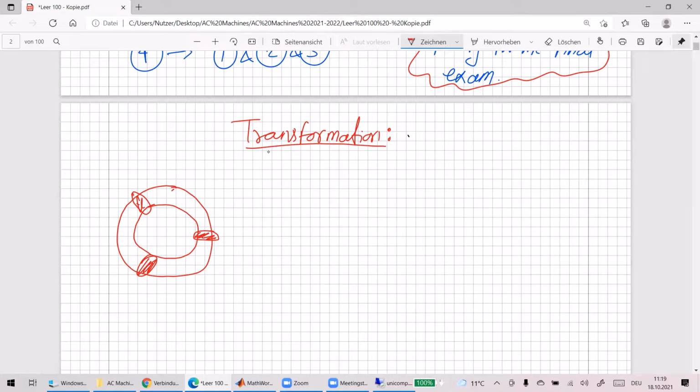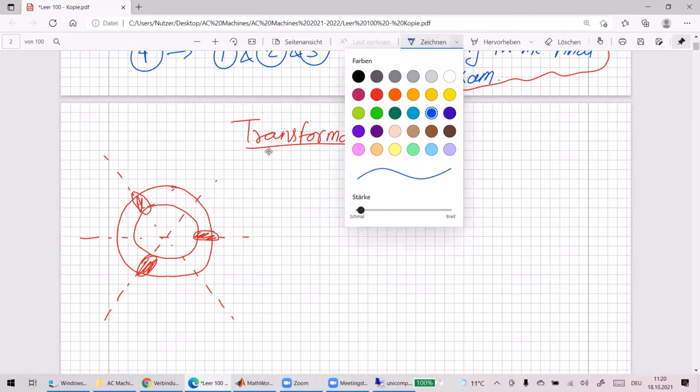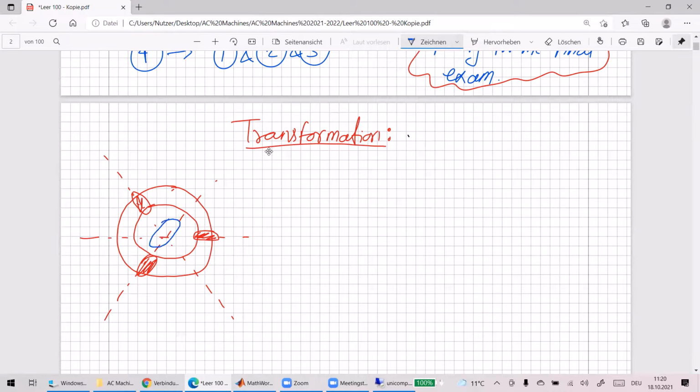Yeah, so there will be three windings basically. And of course there will be a rotor. I'm not very good at drawing, so forgive me for my bad drawing. Let's say this is your rotor and this is your rotor axis.